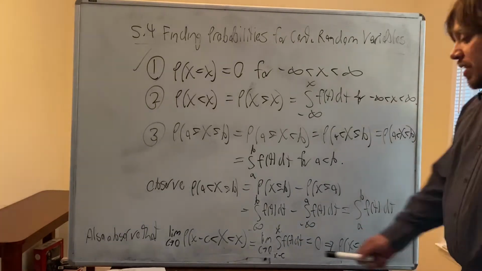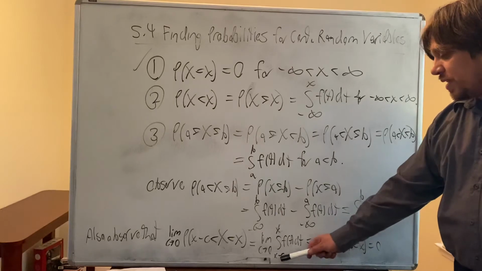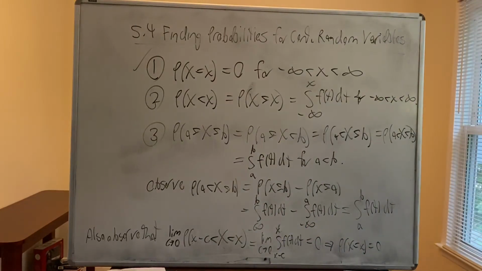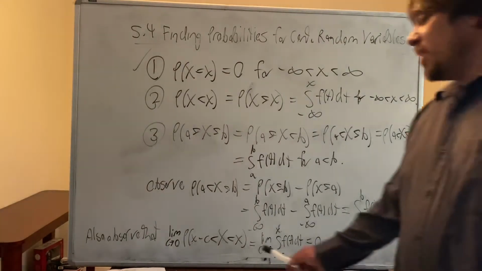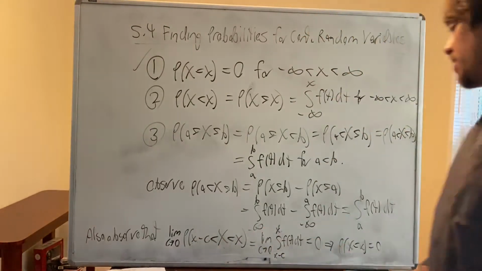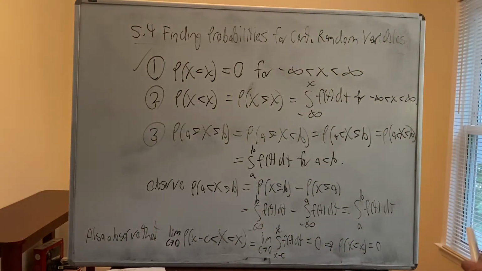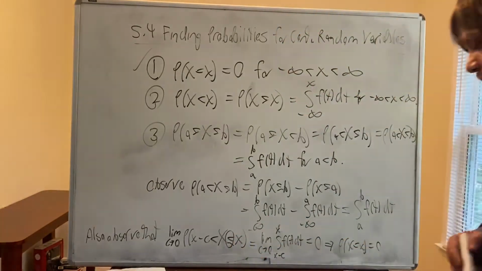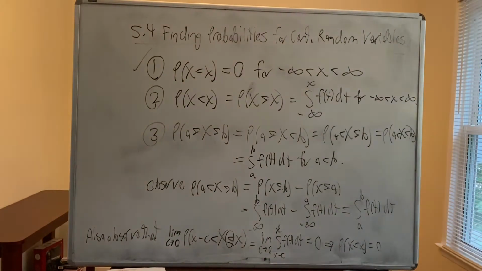Well, when you take the limit as c approaches 0, the lower limit and the upper limit of that integral become the same, and so that equals 0.